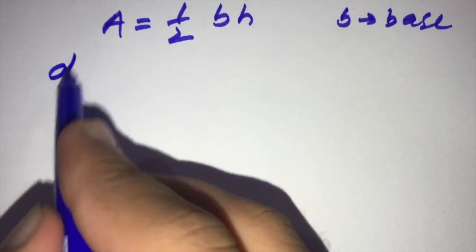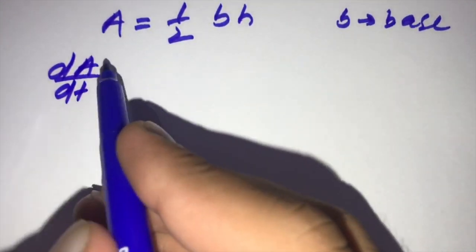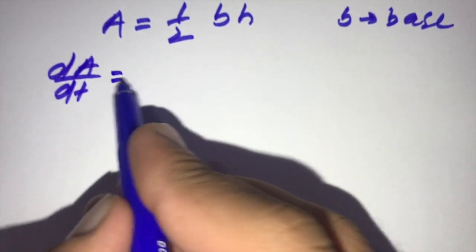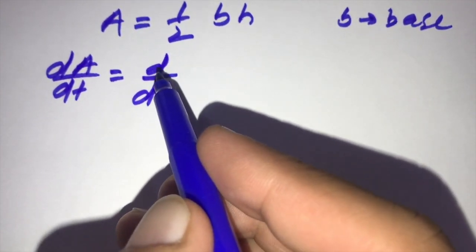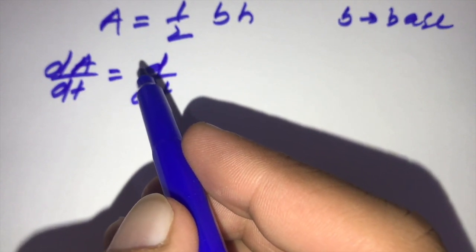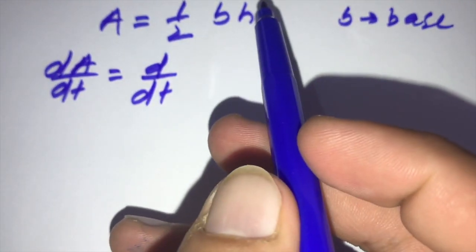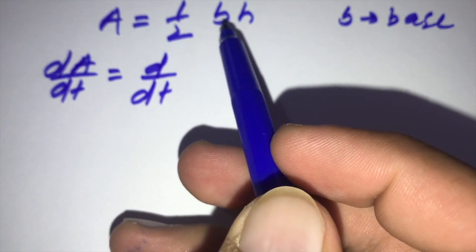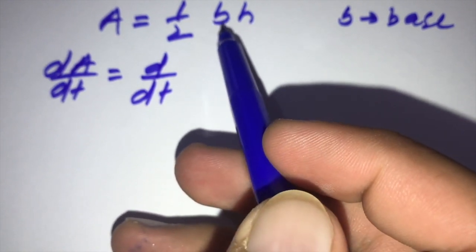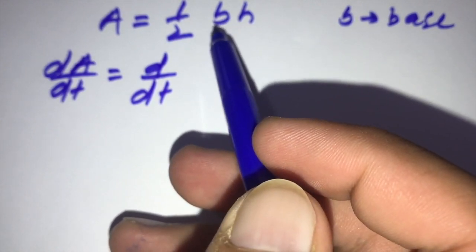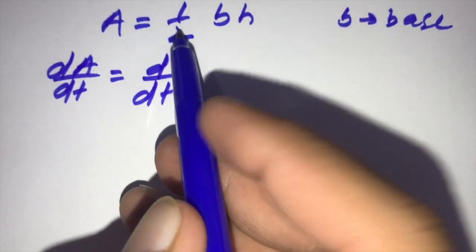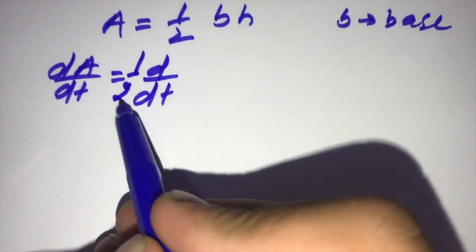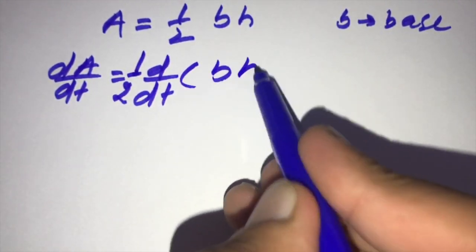Take the derivative on both sides. dA by dt is equal to d by dt of 1 by 2 BH. We take the derivative with respect to t because the question demands the rate of change of base, which means the base changing with respect to time. As 1 by 2 is constant, take it out into BH.